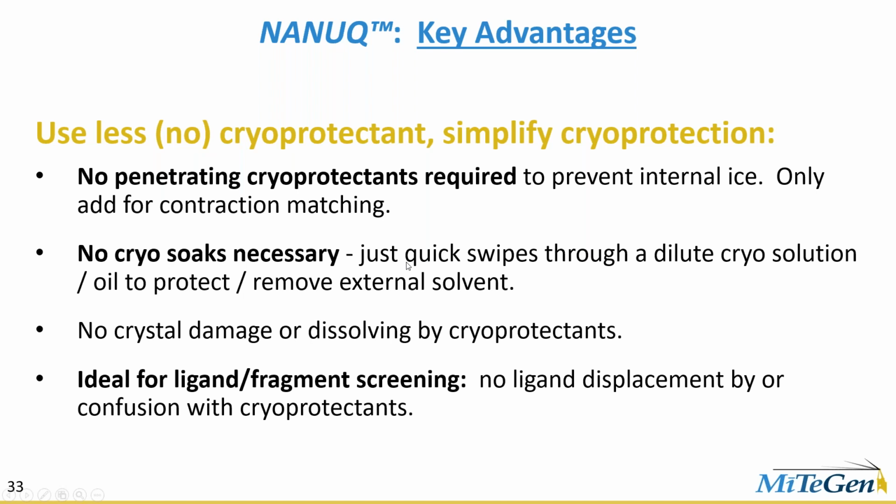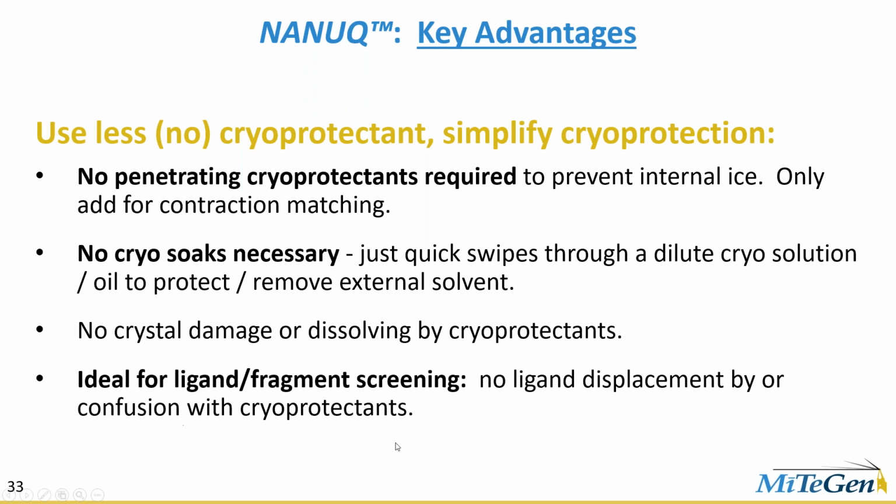You don't need to do cryosoaks. All you need to do is do something to help to either cryoprotect or remove residual solvent on the surface of the crystal, which you can do using quick swipes through a dilute cryo solution or oil. Because cryo concentrations are always small and you don't spend much time in the cryoprotectant, you don't get crystal damage from it and you don't get your crystals dissolved by it.